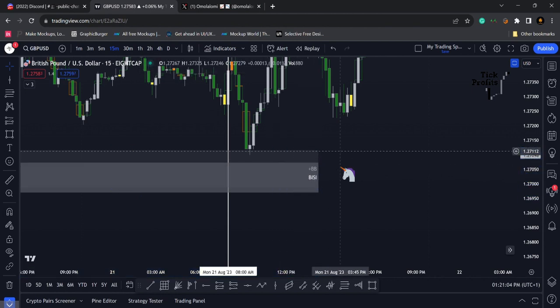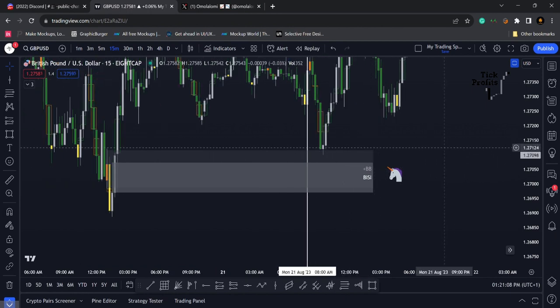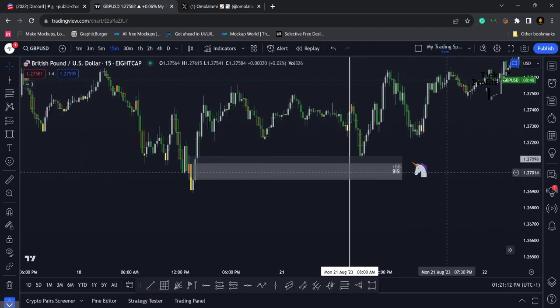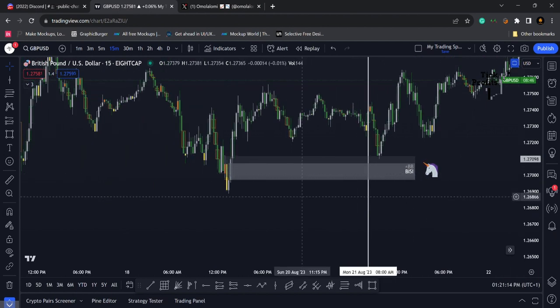model you can use to trade, because if a fair value gap is inside a breaker, that's telling you that the market makers are trying to protect the zone below or above the bullish breaker or bearish breaker and the fair value gap.